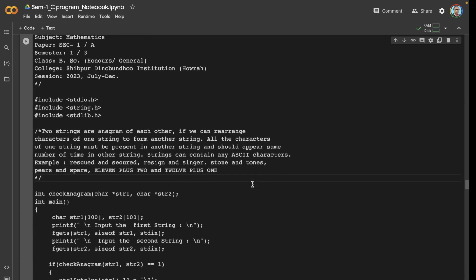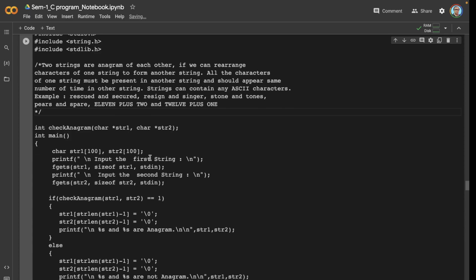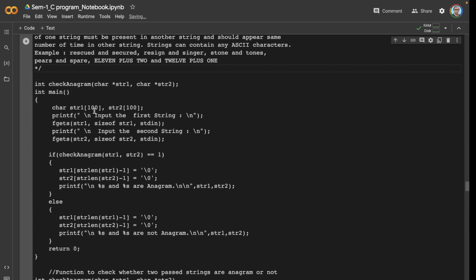So we check this: integer check anagram, character star pointer variables, char star string 1 and char star string 2. String 1 is 100 characters and string 2 is 100 characters.